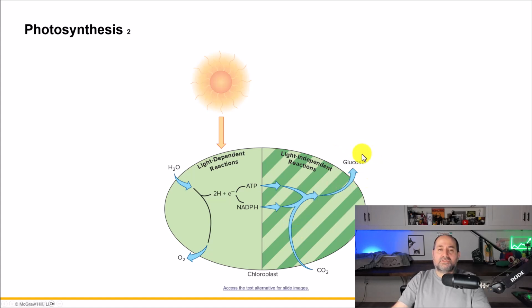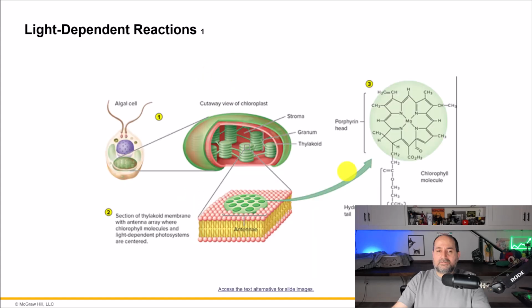So know the inputs and the outputs of photosynthesis and the Calvin cycle. And again, I know this is complex material. Please watch my complete review of photosynthesis so that you can master this subject.